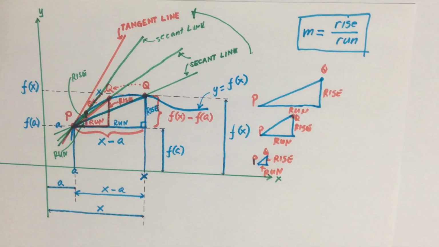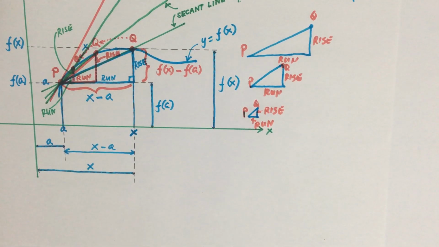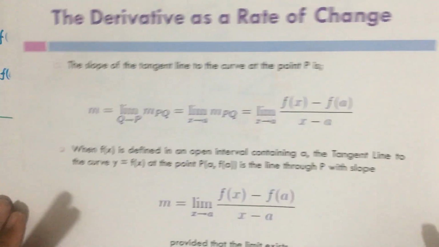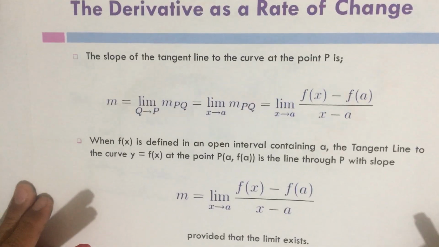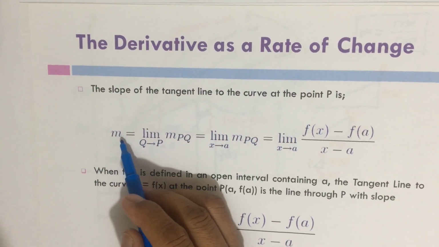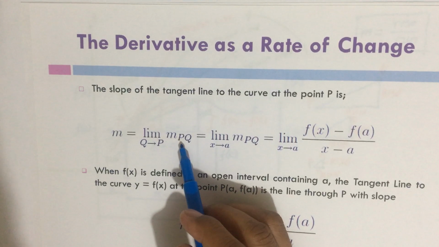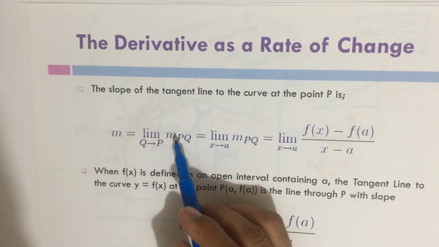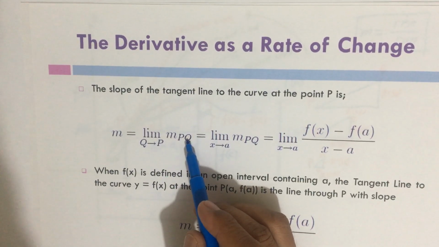So that's why in our expression here we have the slope. The slope of the secant line is the limit of the slope of PQ.